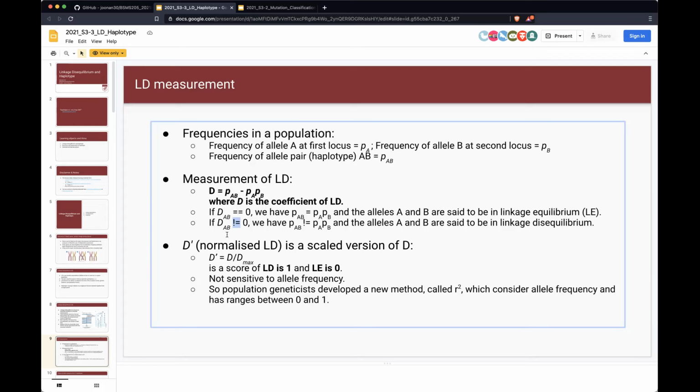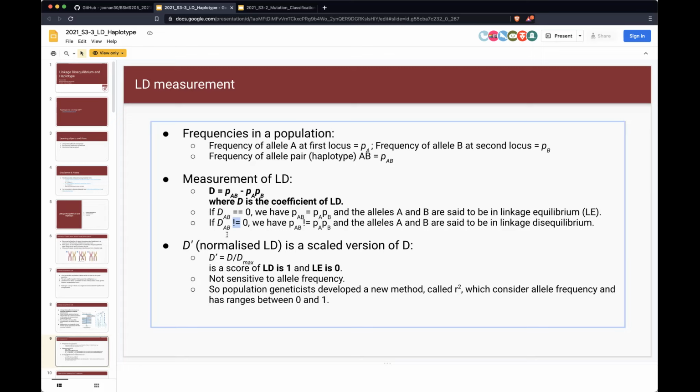So in this sense, when you compare the LD measurement using high frequency alleles in a population or low frequency alleles, then your measurement of LD, which is the D coefficient, differs between them because of the frequency of the allele itself, right? And this is not a fair comparison for calculating the coefficient.